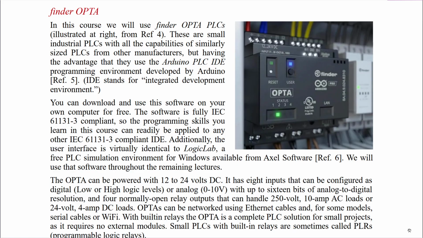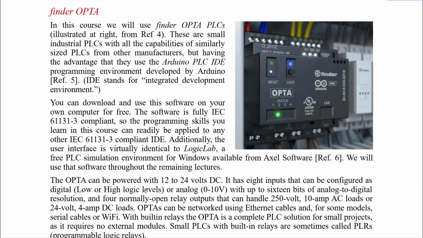We are going to use the Finder Opta PLC shown here. It is a small yet reasonably powerful PLC package that has 8 inputs, and they can be configured to be either digital or analog. For analog purposes, that would be 0 to 10 volt levels.